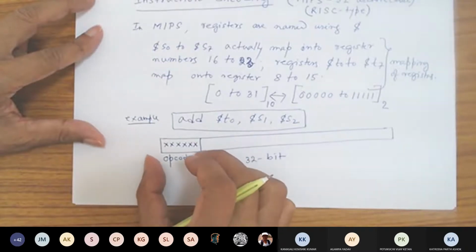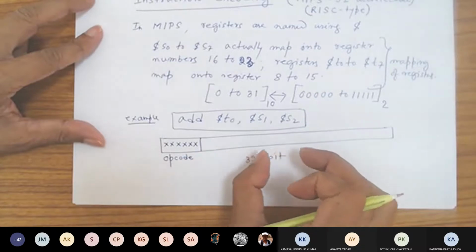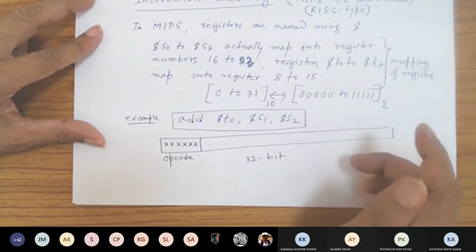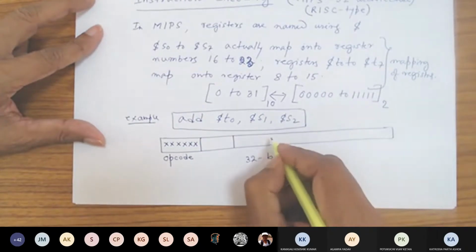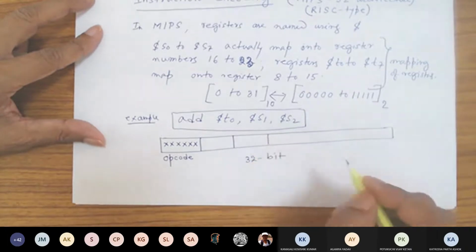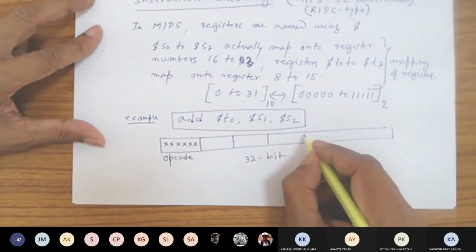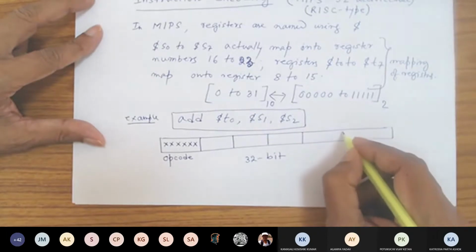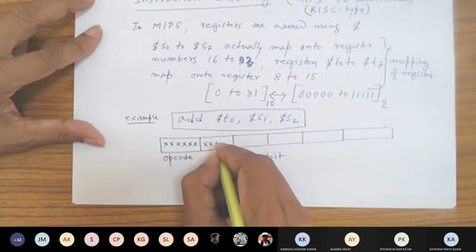And depending on the value of this opcode, the remaining fields are later on defined. But they are also divided like this. Here you get 5 bits.